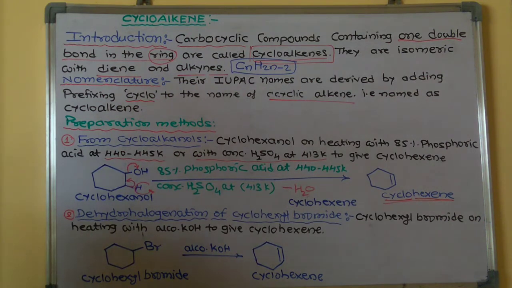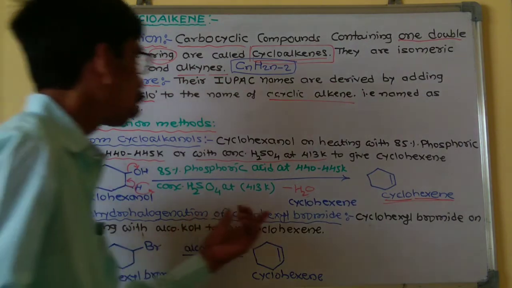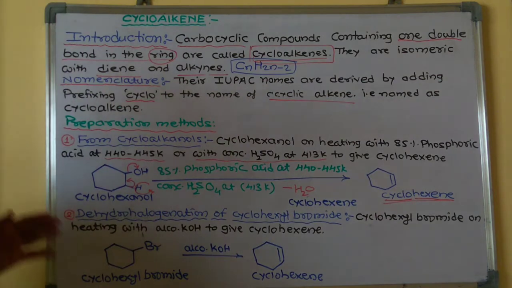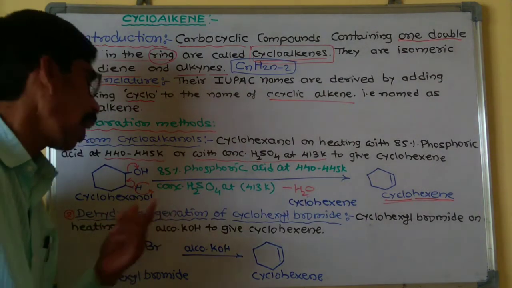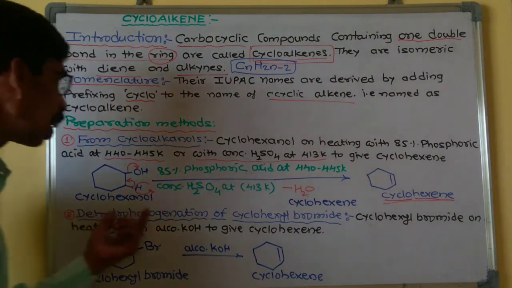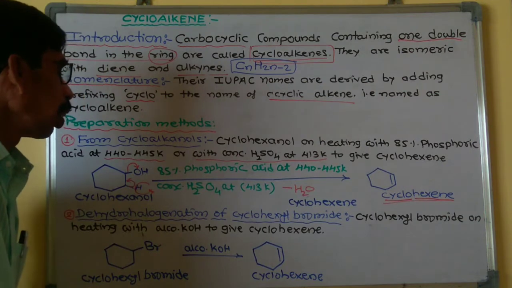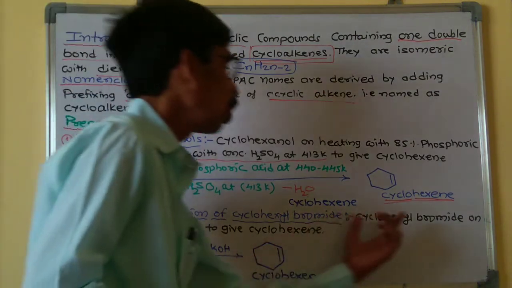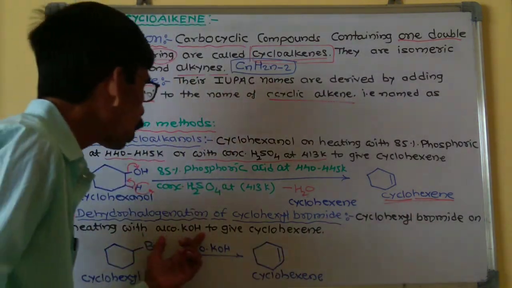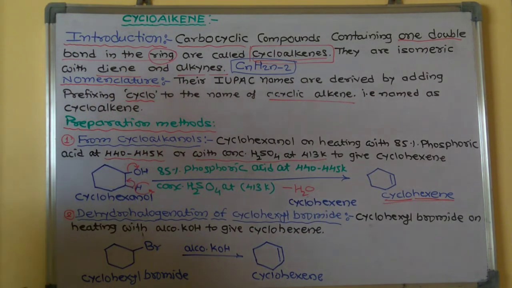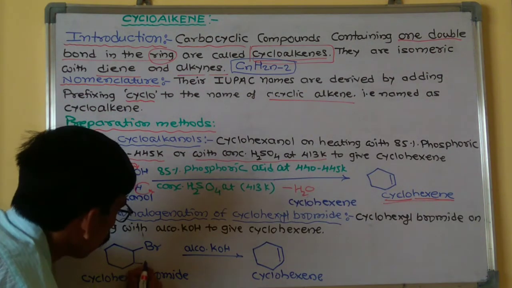Now the second method is dehydrohalogenation of cyclohexyl bromide. Dehydrohalogenation: de means removal of hydro, meaning hydrogen, and halogen. Removal of hydrogen and halogen from the adjacent carbon is called dehydrohalogenation. When cyclohexyl bromide is heated with alcoholic KOH, it gives cyclohexene. In this reaction also, at the adjacent carbon there is a hydrogen atom.